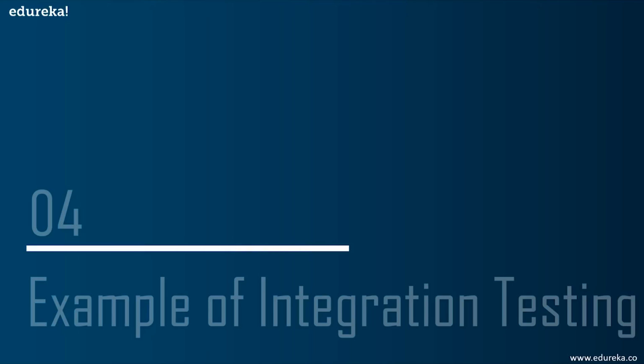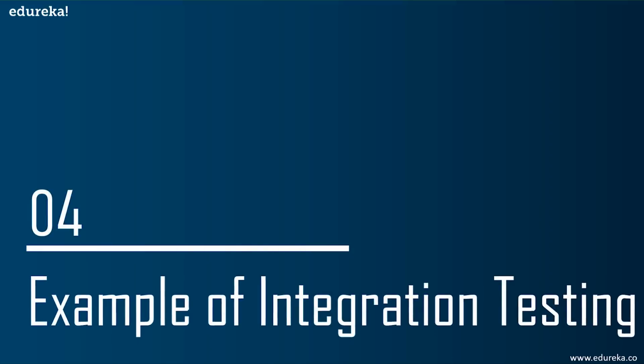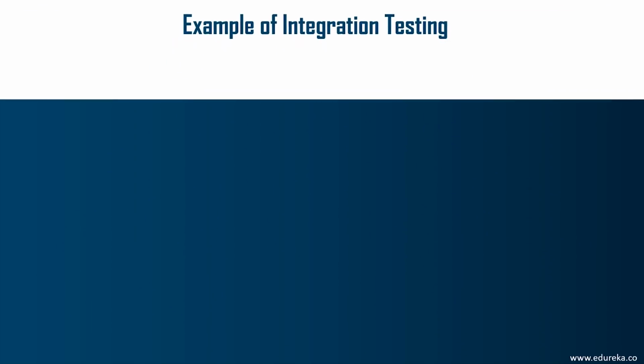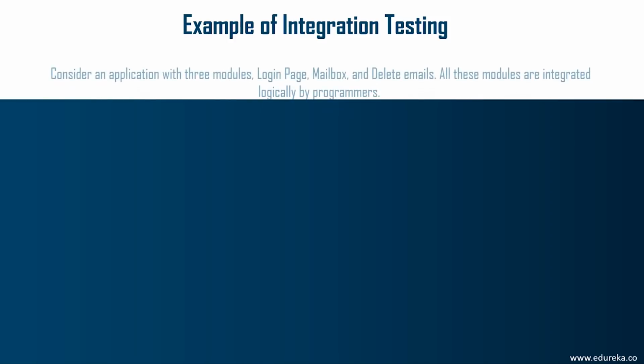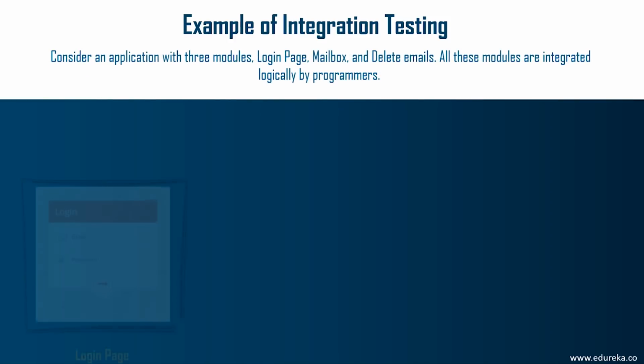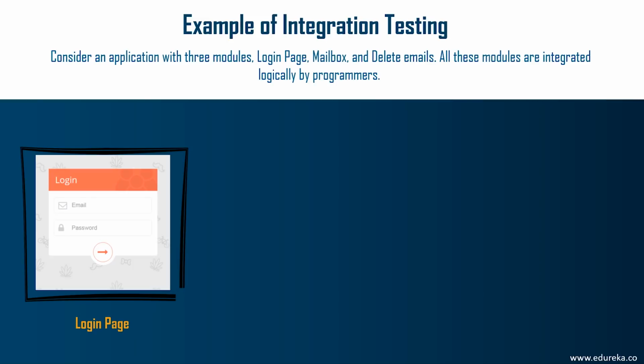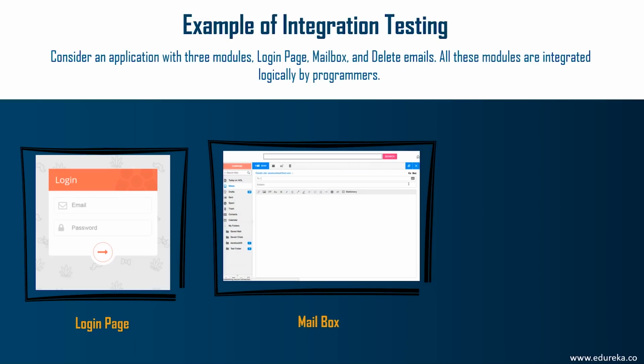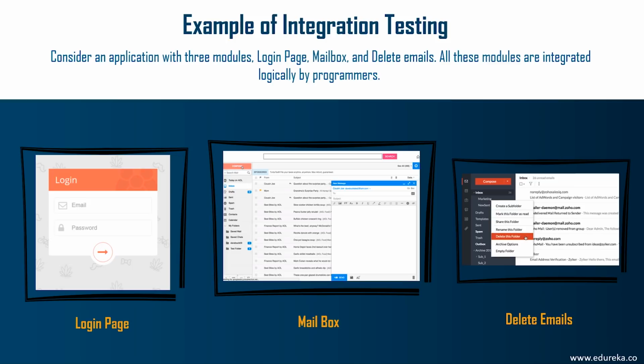Simple, right? Moving on to the next part of the session, I'm sure you guys have understood what integration testing is by now. But anyway, let's go ahead and try to understand it in a much better way with the help of an example. So as you can see, I have three modules here: a login page, a mailbox, and a delete email page. So like I said earlier, integration testing majorly focuses on interfaces and the flow of information between these software modules.